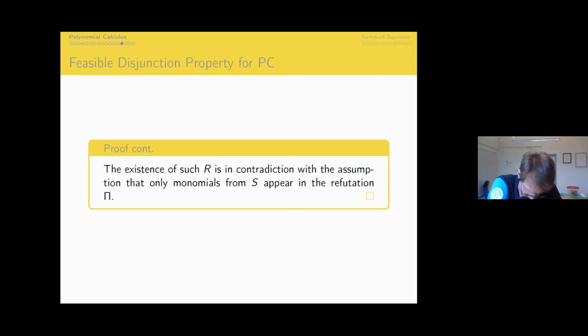But for soundness, it's definitely not needed, and thus for lower bounds it is not necessarily needed.